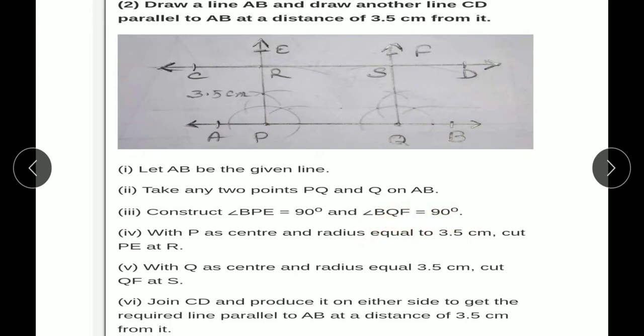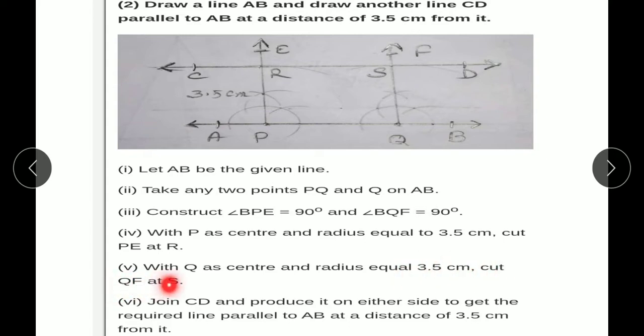After drawing this, with P as center and the radius equal to 3.5 centimeter, with the help of compass and ruler take a length of 3.5 centimeter.